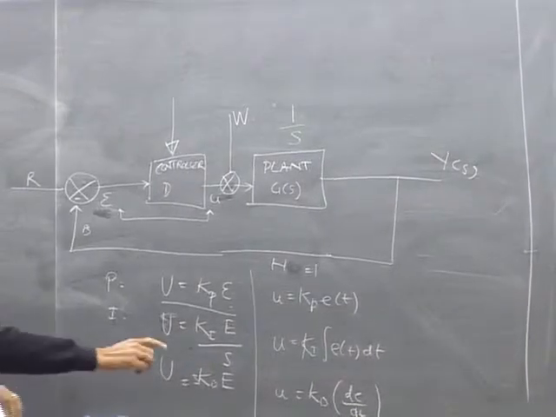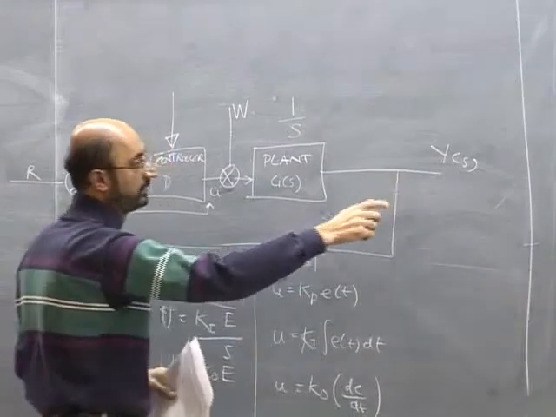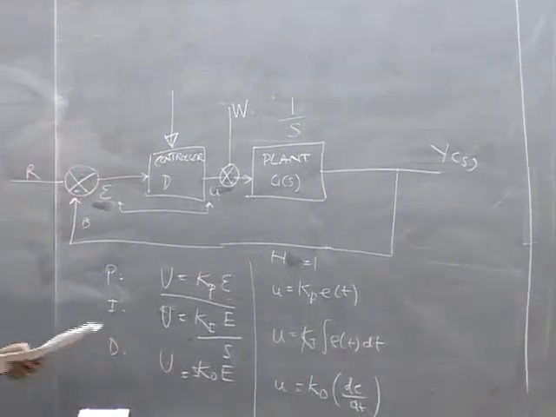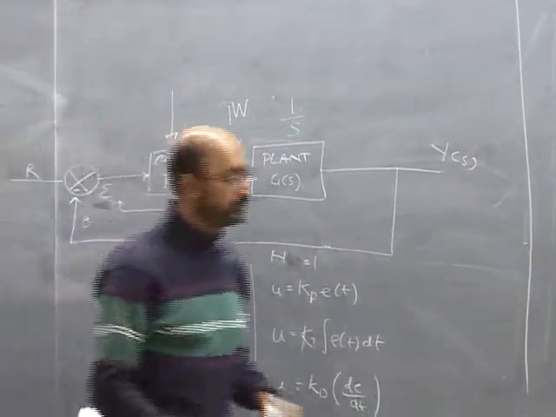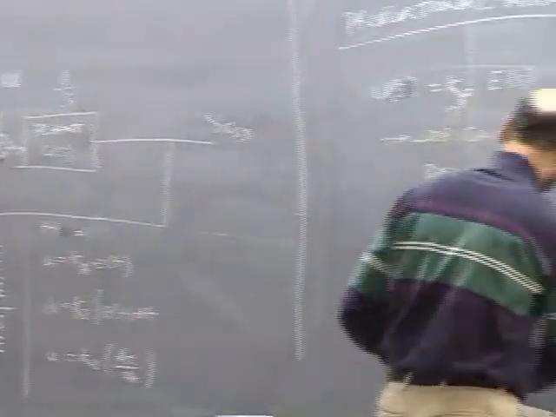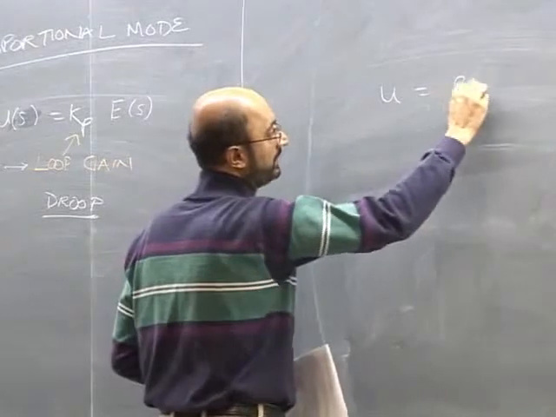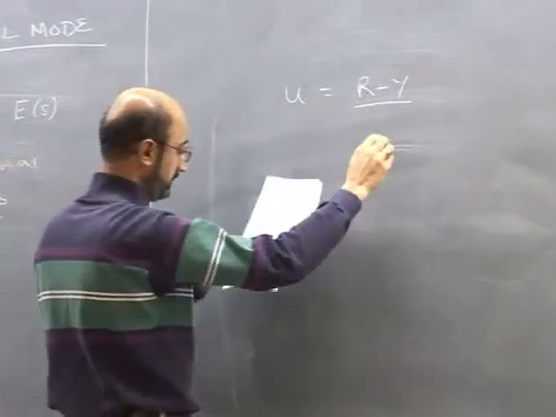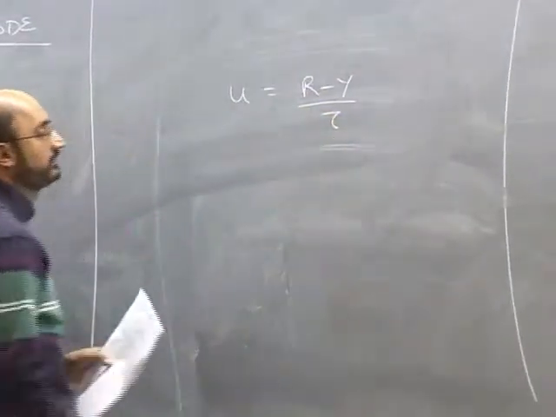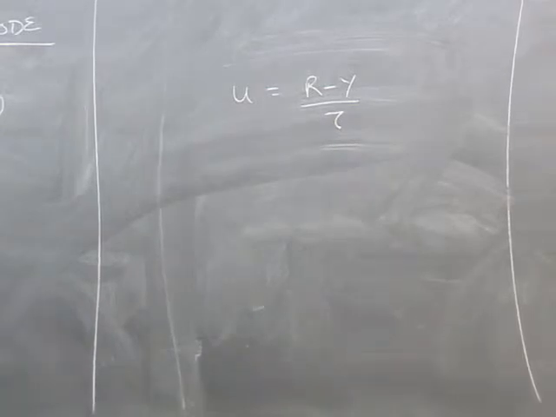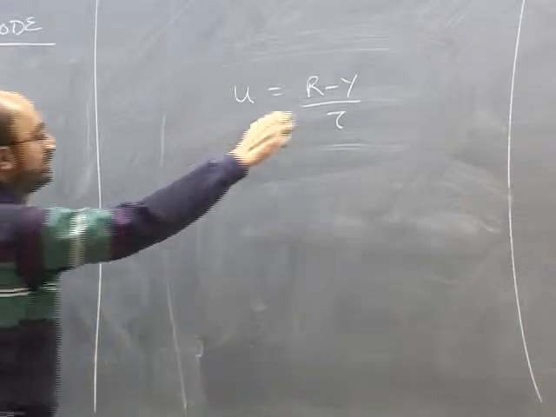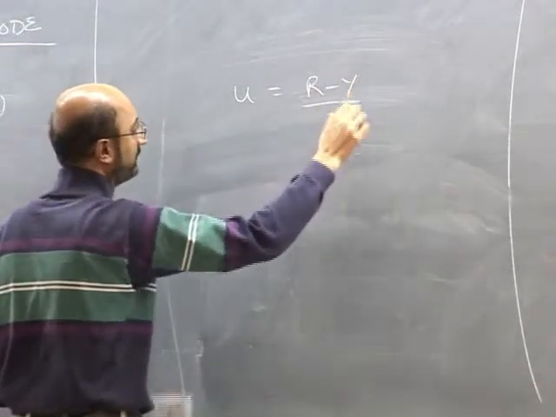And we're going to have some output y, which is the buffer occupancy. For the case of the web server, it's convenient to write u equals r minus y over tau, where tau is the gain. So I've written the gain in a slightly different way, where r is my reference input, y is the output.